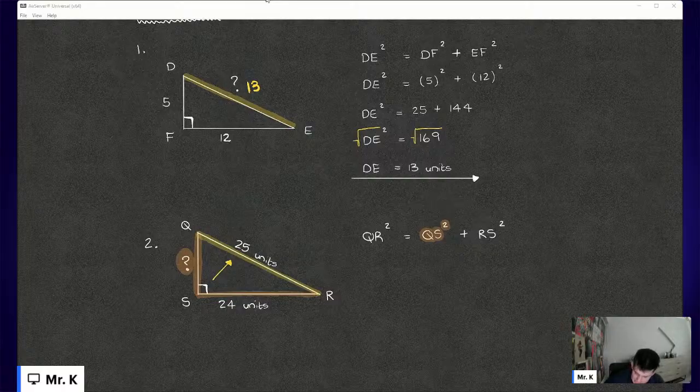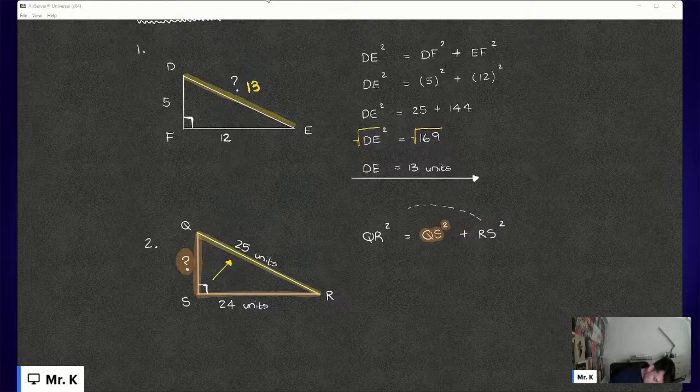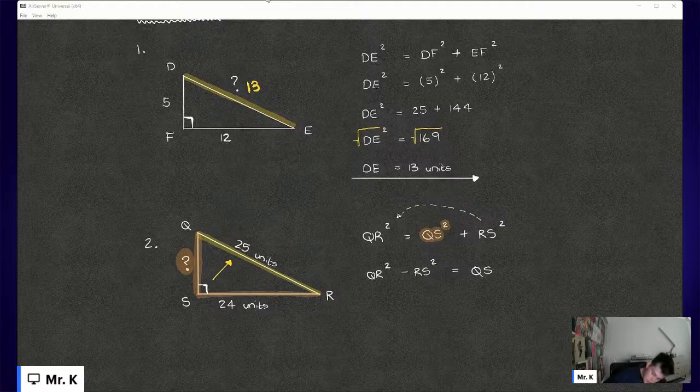And when we take something over the equal sign, we know that it must change its sign. So, on the left, we are going to have QR squared minus RS squared. And that's going to be equal to our focal point QS squared.